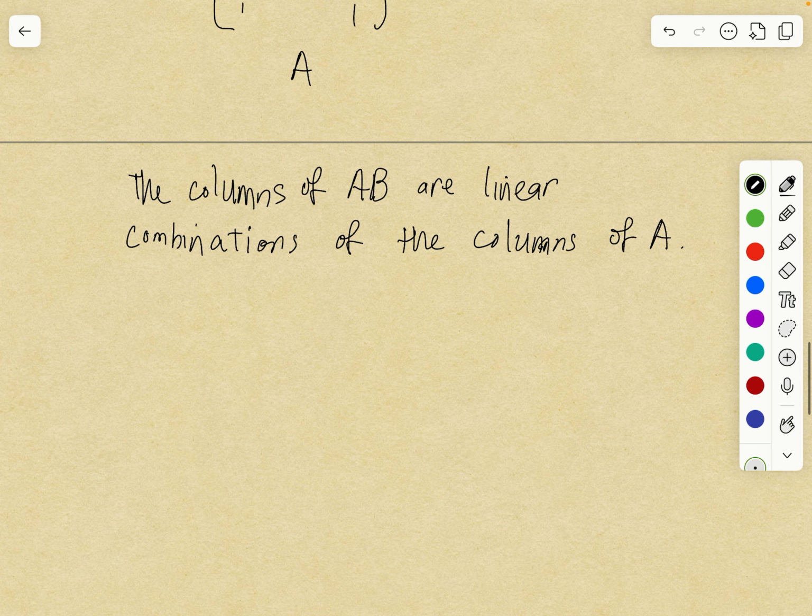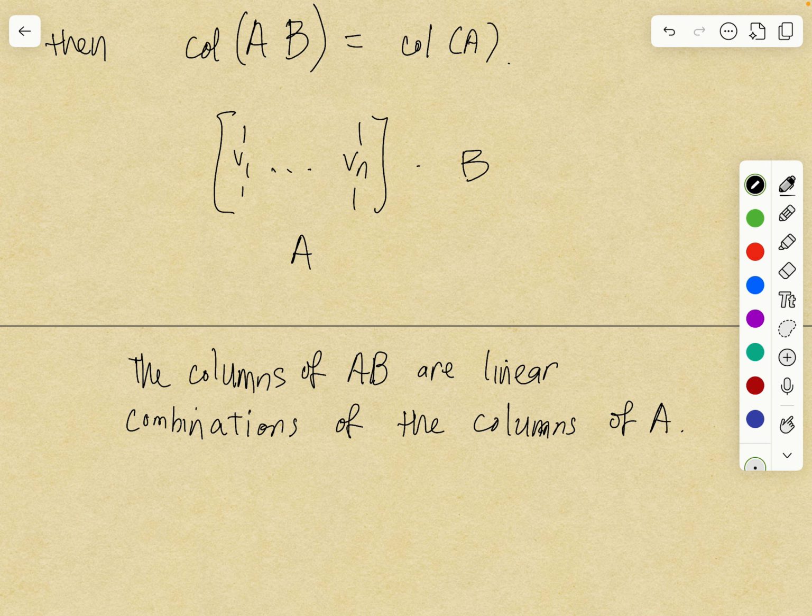So if the columns of AB are linear combinations of the columns of A, then any linear combination of the columns of AB must be a linear combination of the columns of A. For example, say A times B is W1 to Wn. Each of the W's is a linear combination of the V's.